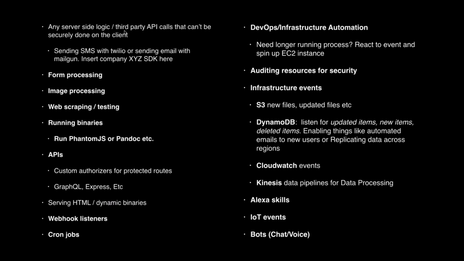Most of the examples I'm going to show are JavaScript focused on Node, but you can write in Python or Go or Java. A lot of these functions as a service providers support multiple runtimes, and they're coming out with more and more every day. But really the use cases are so vast that this presentation could be weeks and weeks long.